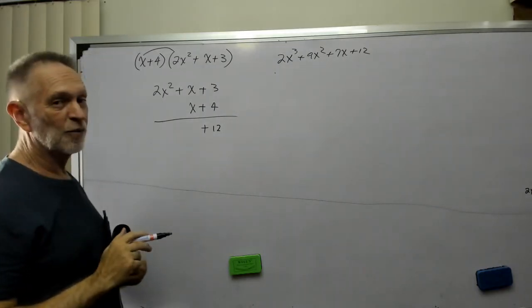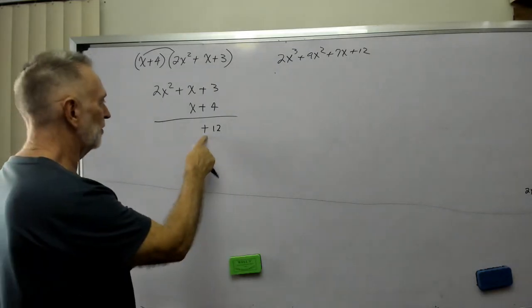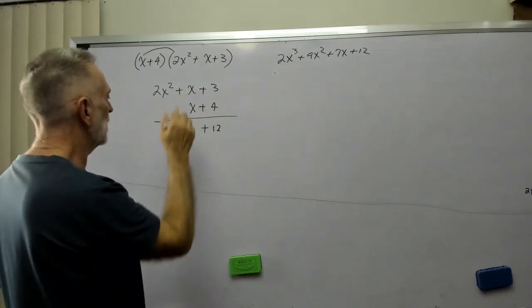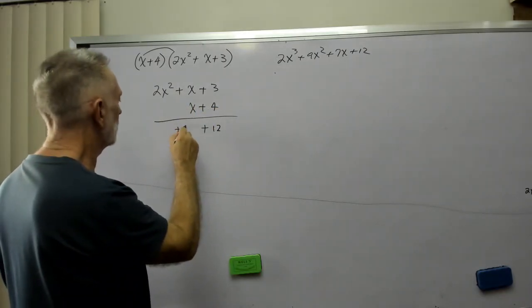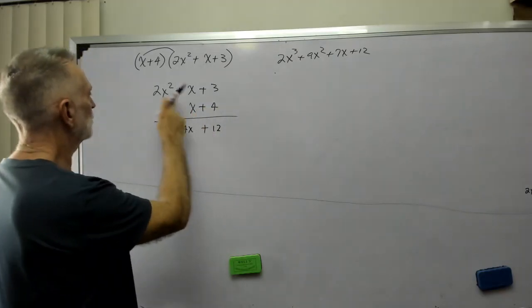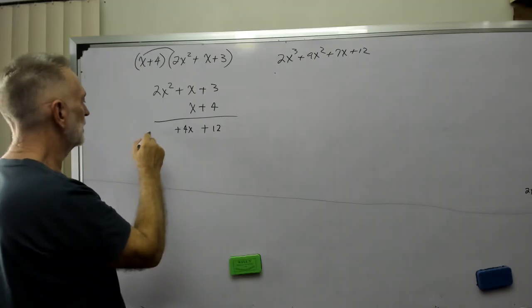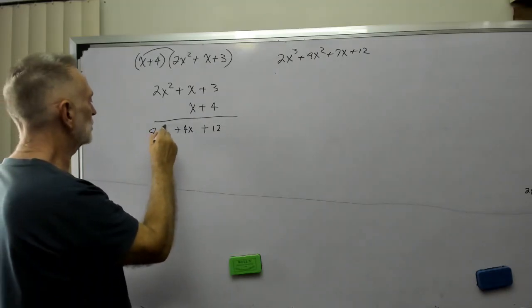So we need to write the sign down along with that. Now, a positive 4 times positive x is a positive 4x. Positive 4 times positive 2x squared, 4 times 2 is 8. So that's 8x to the second power.